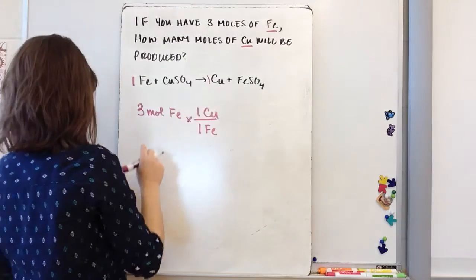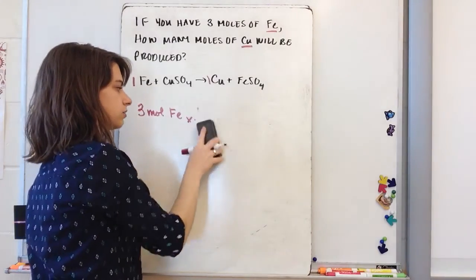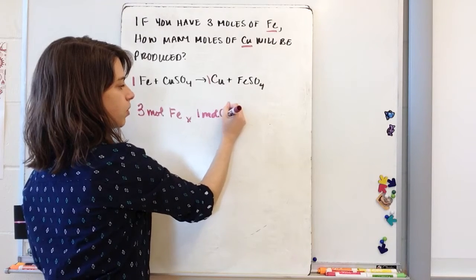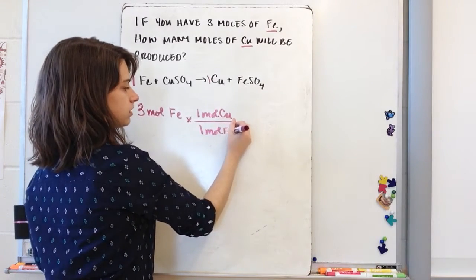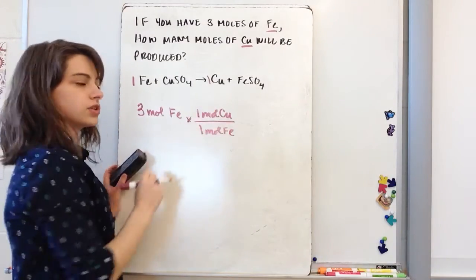My coefficients tell me that ratio. So instead of just saying 1 copper and 1 iron, we're working in moles, so I'm going to make this 1 mole of copper to 1 mole of iron. So this means for every 1 mole of iron I use, I'm going to produce 1 mole of copper.